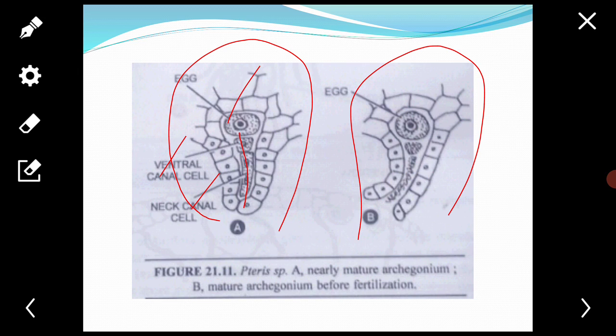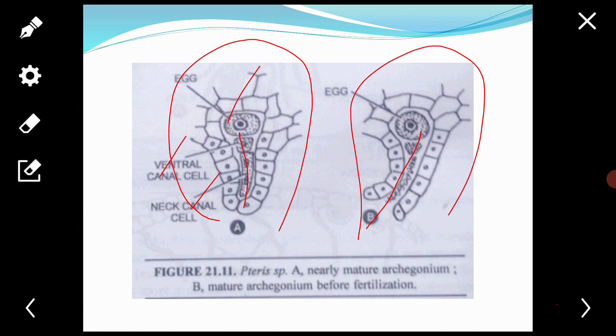At maturity, the ventral canal cell as well as the neck canal cell disintegrate and become mucilaginous. The mucilage imbibes water and swells. It exerts pressure so that the neck cells diverge and create a wide opening.